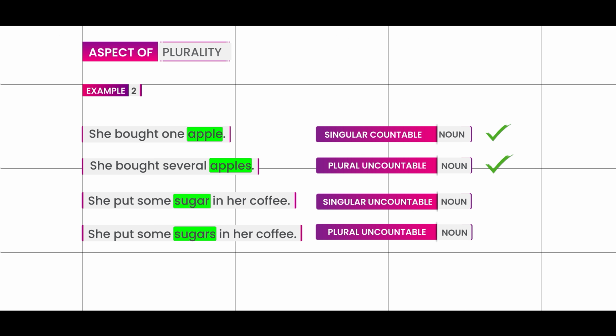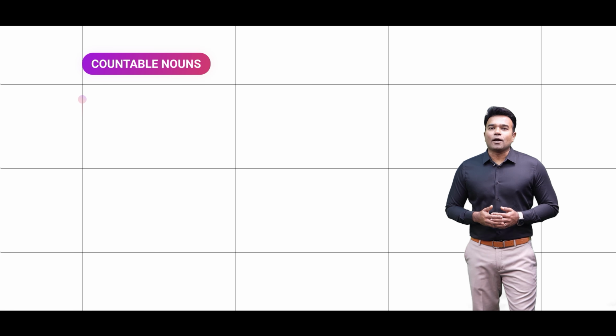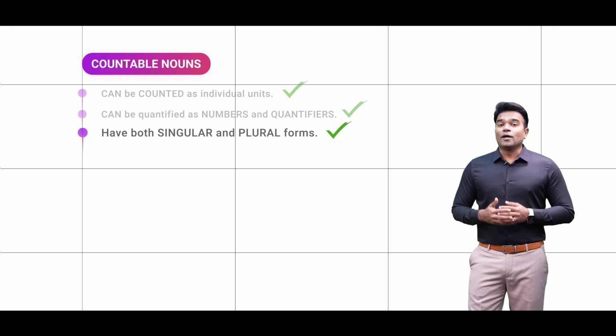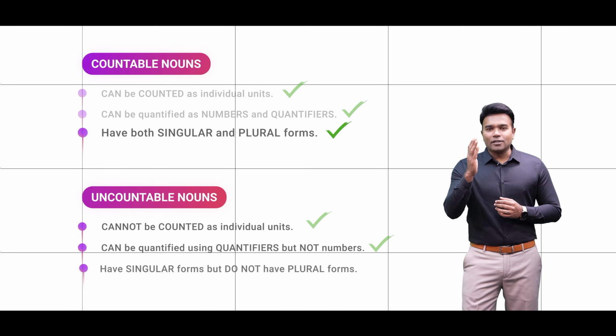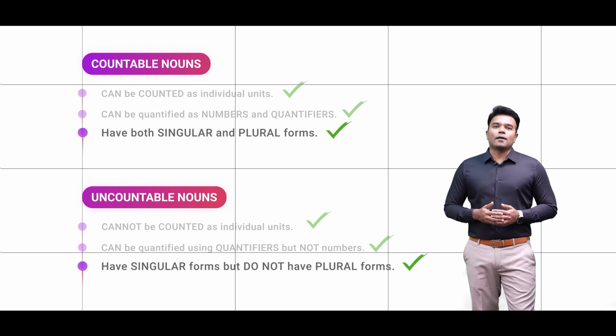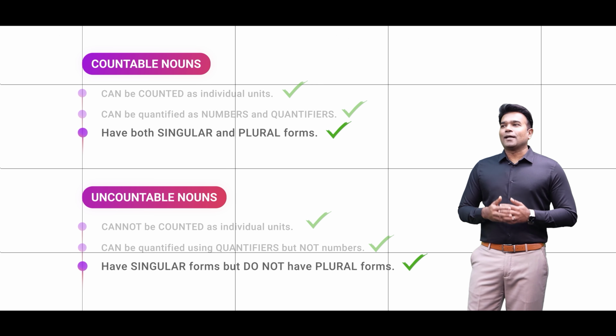While sugar is valid, sugars is definitely invalid. Through these examples, what you have understood is that countable nouns can have both singular and plural forms, but the uncountable noun can have only the singular form, and the plural form does not exist. I hope I am clear with all of these points.